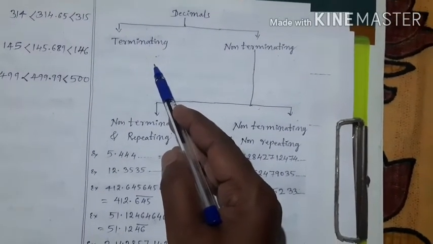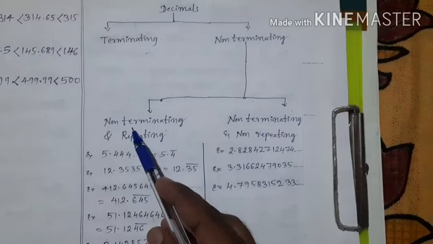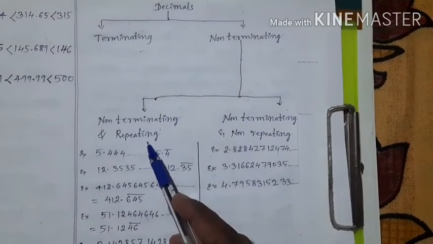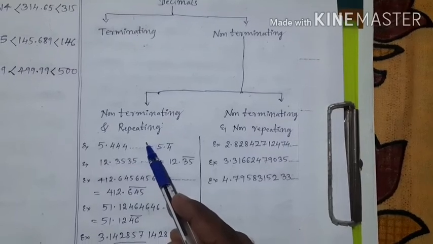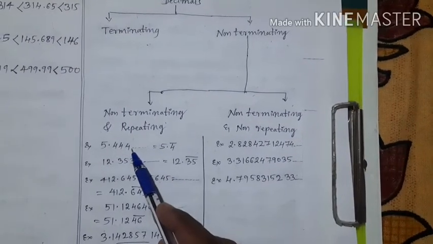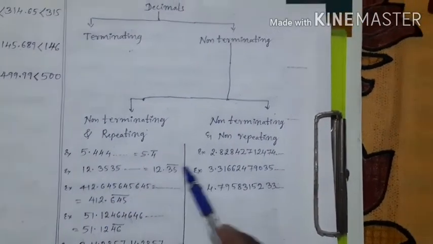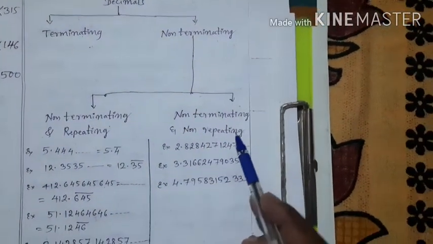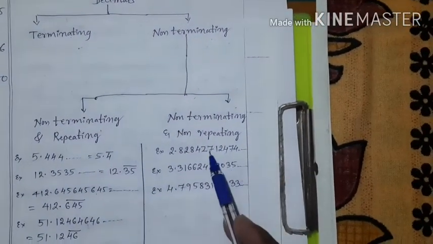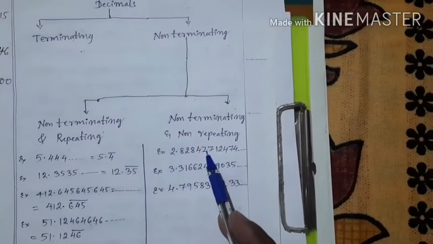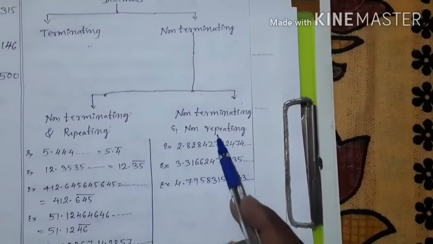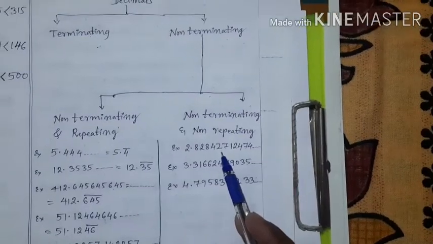How, we will see later. And non-terminating and repeating decimals also are examples for rational numbers because these can also be written in the form of p by q. But non-terminating and non-repeating decimals are examples for irrational numbers because they cannot be written in the form of p by q. Is it clear to you?